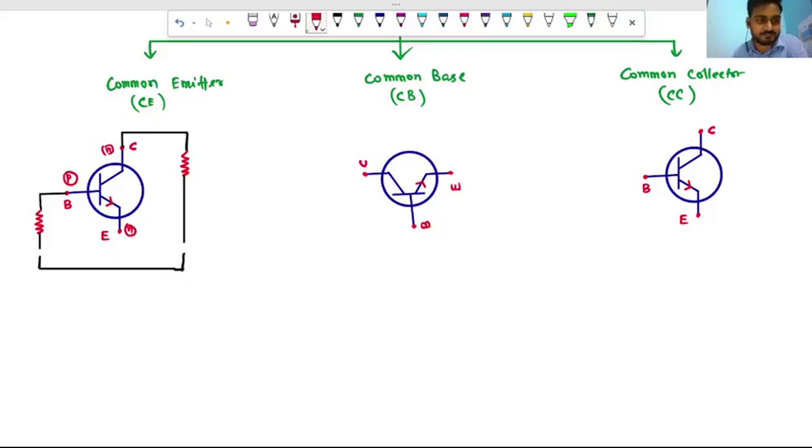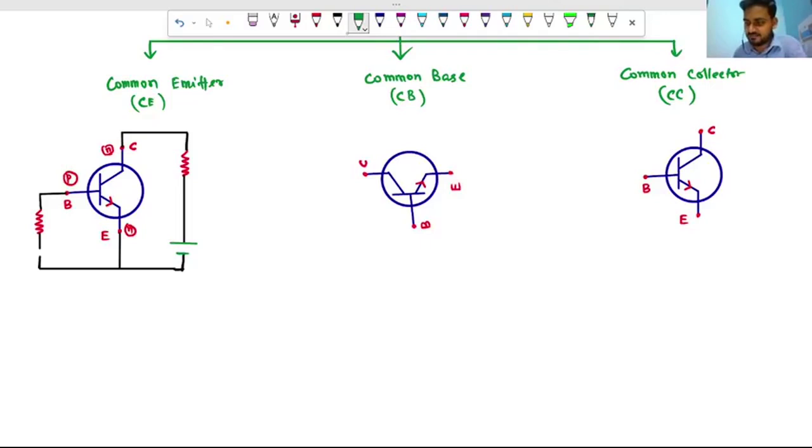The emitter will be connected like this only, it is common. Then the collector will be reverse biased. Collector is N, so a positive terminal of the battery will be there. Let us change the color. A positive terminal will be connected to the collector, which is N type.